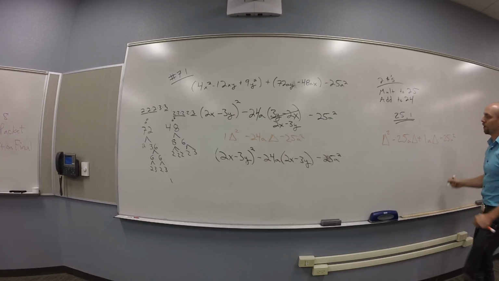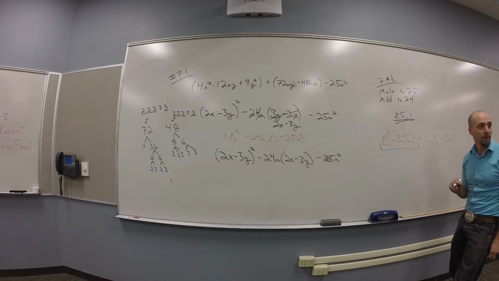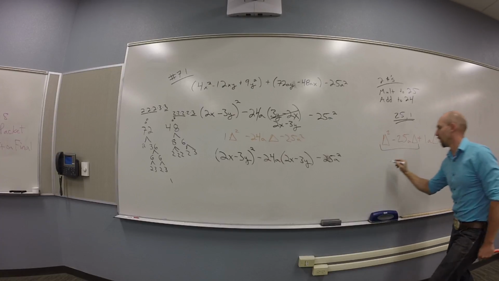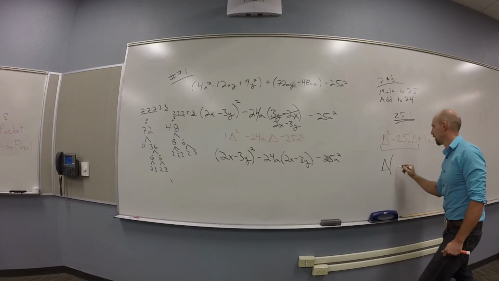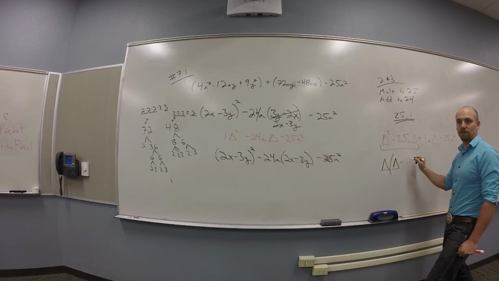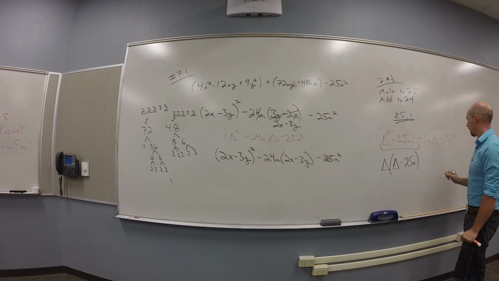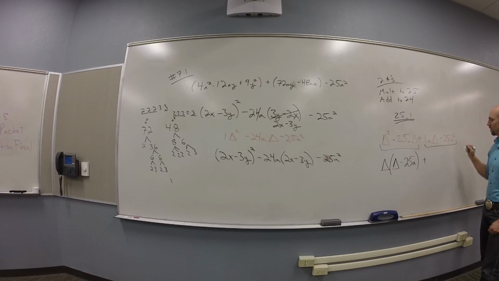Okay, so now I factor by grouping, right? Out of this, what can I get? Just a triangle. So I got triangle times triangle minus 25a. And out of this other guy, I can only get an a, right?